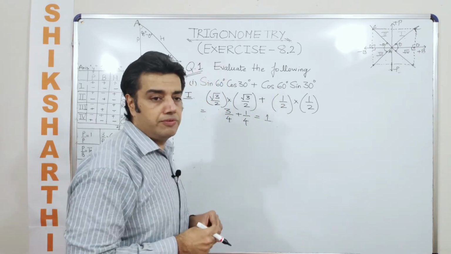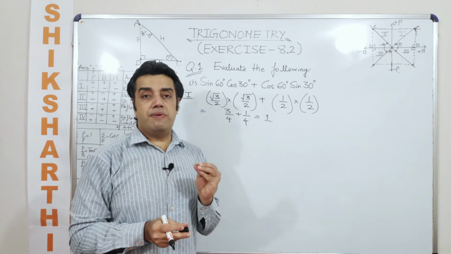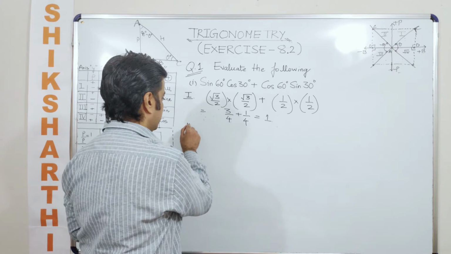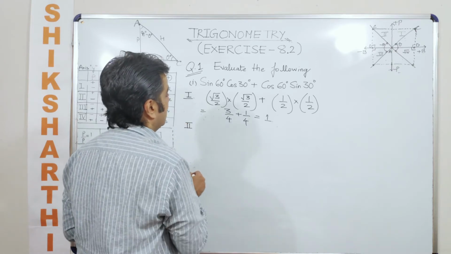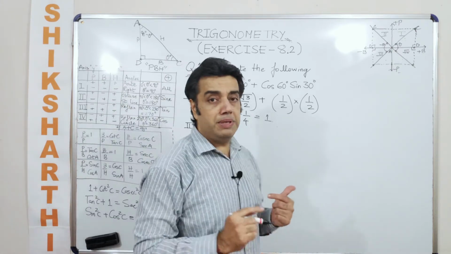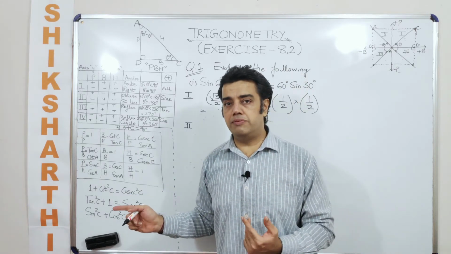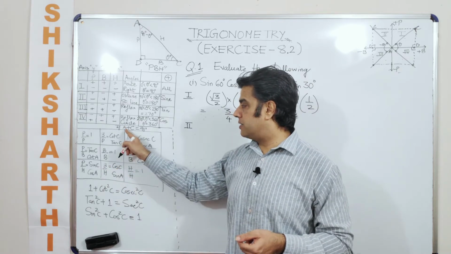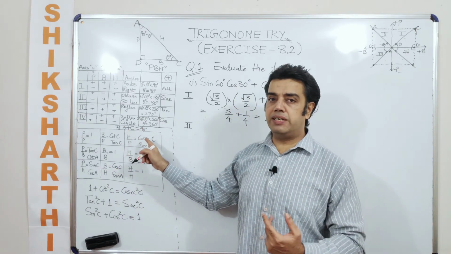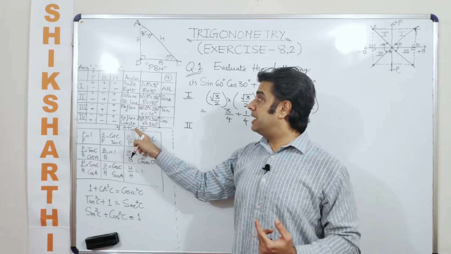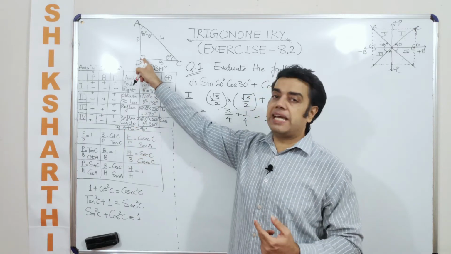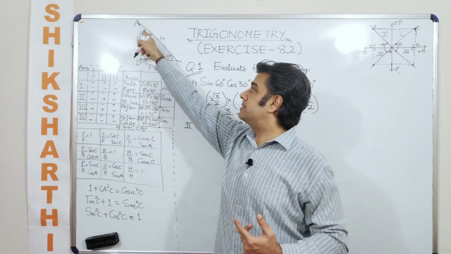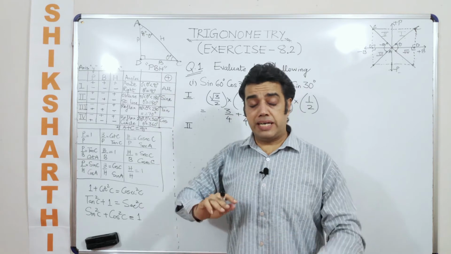This is one way of doing it, wherein you are using the values of the trigonometric ratios to solve this question. So talking about the second way. We know from the PBH rule, if you have watched my earlier theoretical videos, that in a right angle triangle, if angle B is equal to 90 degrees, the remaining angles A and C sum to 90 degrees.